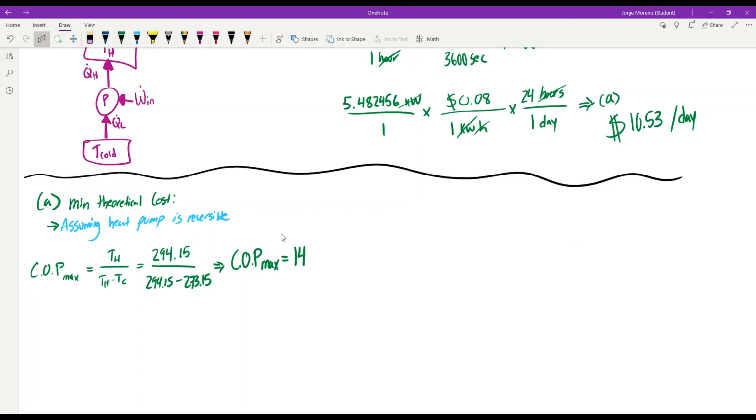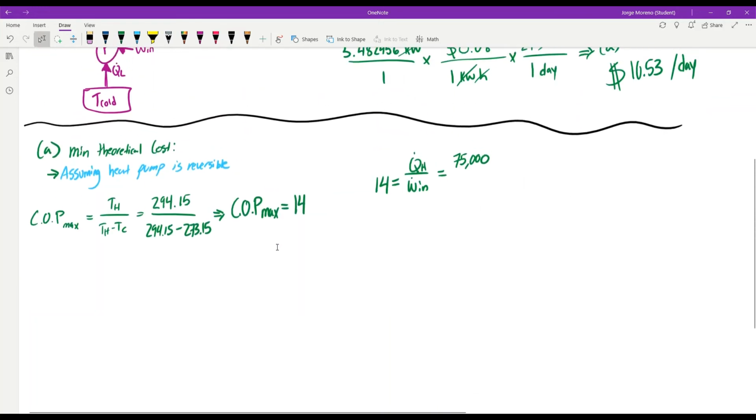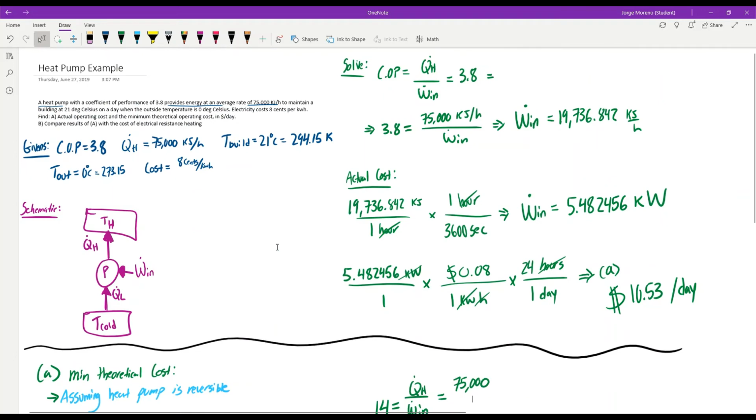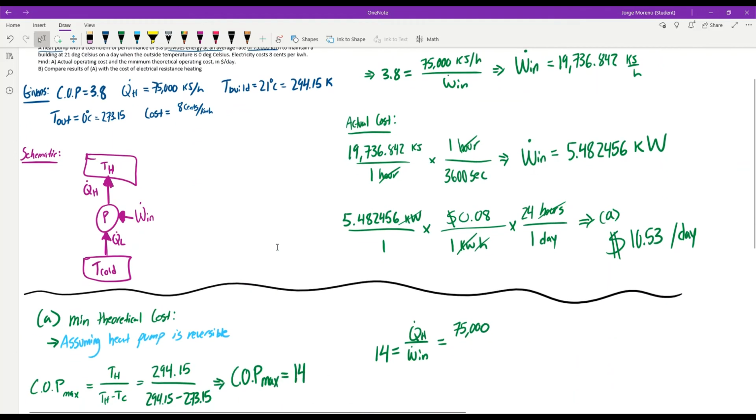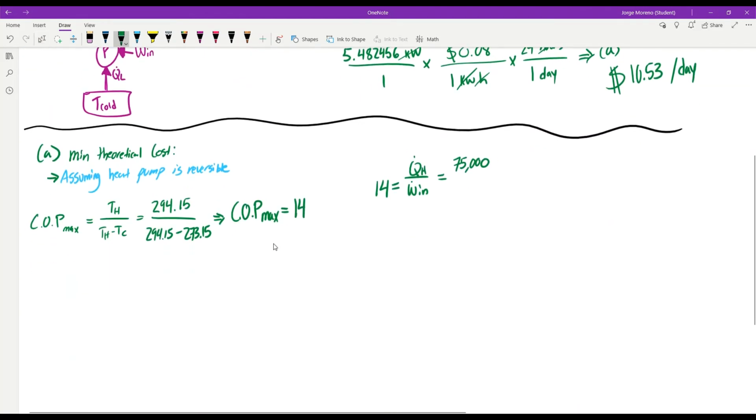Again, the coefficient of performance equation for a heat pump is QH over WN. So 14 equals QH over WN, and QH remains the same as 75,000 because that doesn't change.